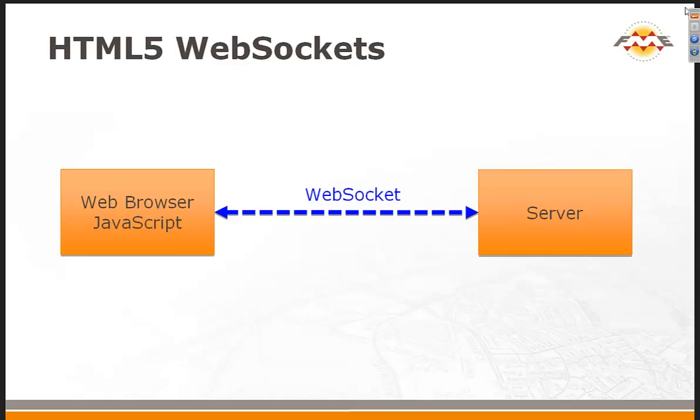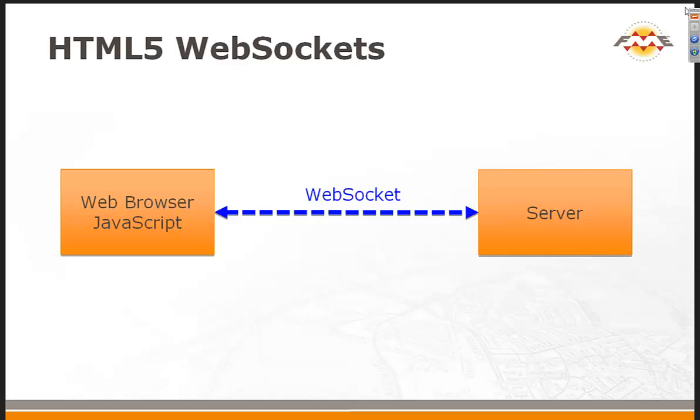WebSockets is an approach to do low latency, real-time, high-speed, full duplex, which means bidirectional communication from one node to the other. The easiest way to think about this is a web browser going to a server, maybe a Google Maps application going to FME Server to ask for data in real time without the overhead of HTTP.